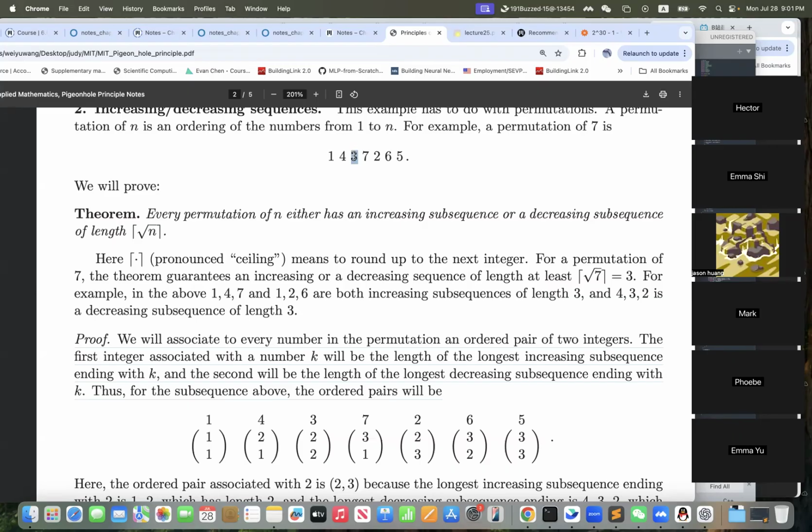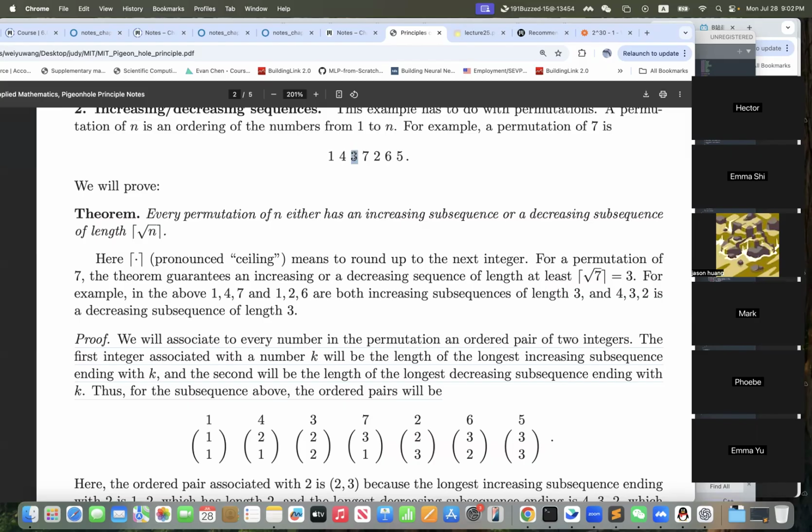And 3 itself is increasing, and it's also decreasing because there's no next number to compare with. Do you get this? So 3 itself is an increasing subsequence and also a decreasing subsequence, but it's not the longest one, because we have 1, 3. 1, 3 is also a subsequence. Do you get this?